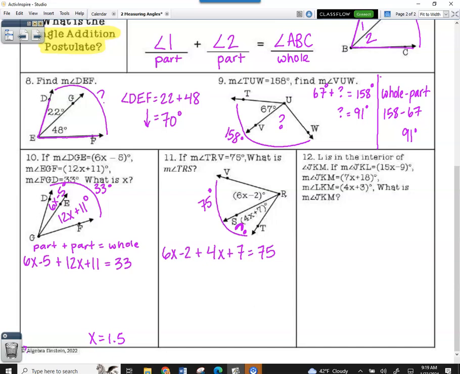You're going to solve that, and then when you get x, you're not quite done. You're going to have to take x and do what with it? You're going to have to plug it back in.